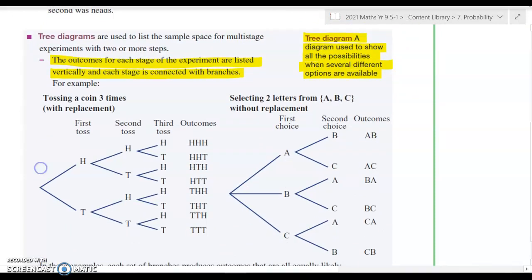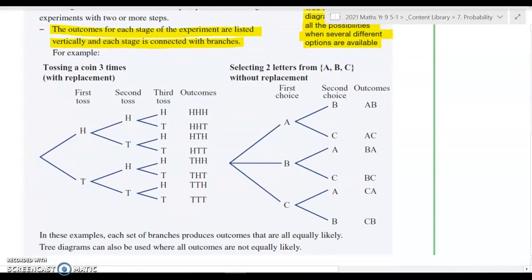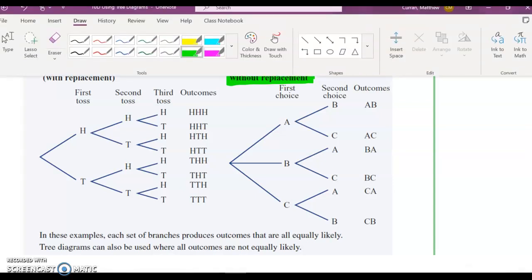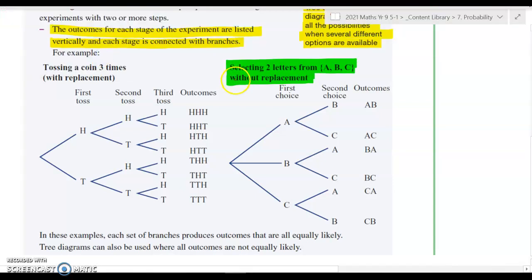Here's a more complicated tree diagram down below. Let's have a look at this particular one. This tree diagram represents selecting two letters from A, B, C without replacement. That term, without replacement, you'll see quite often. That's really important. It changes things slightly.